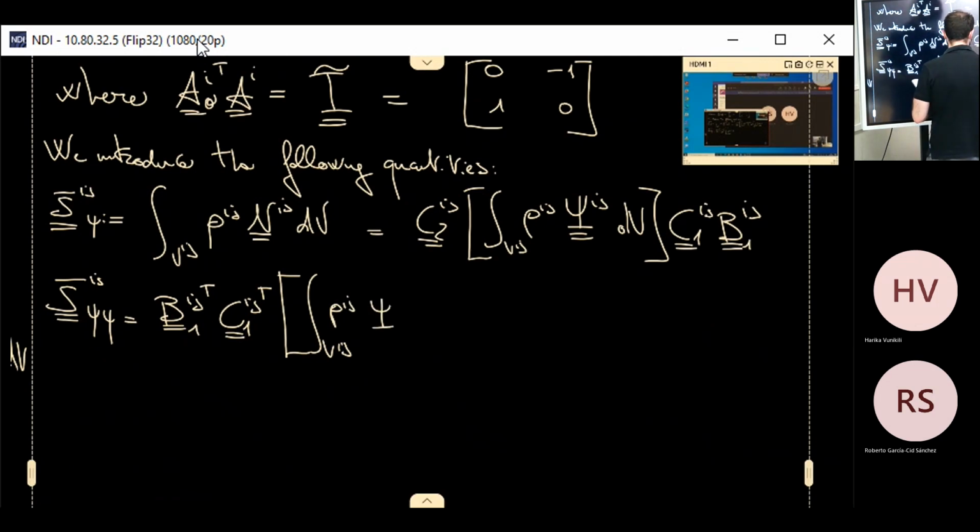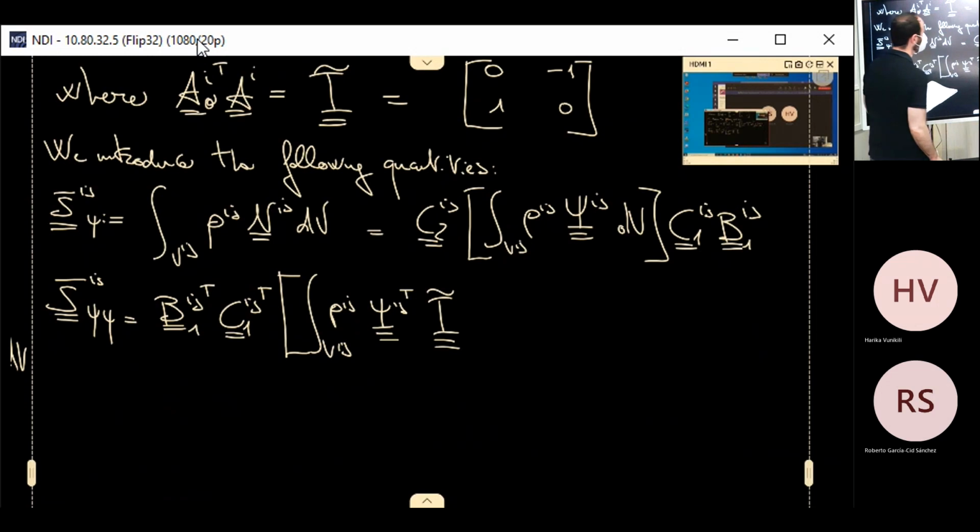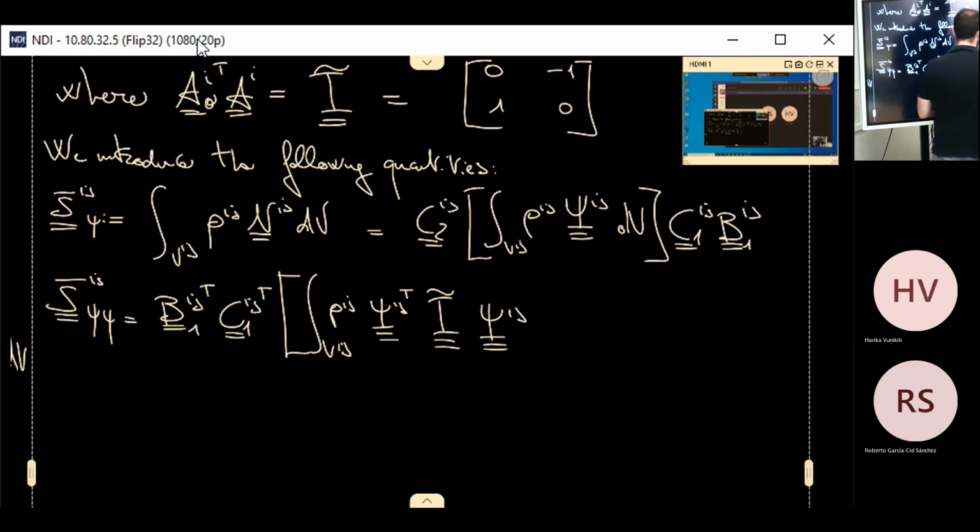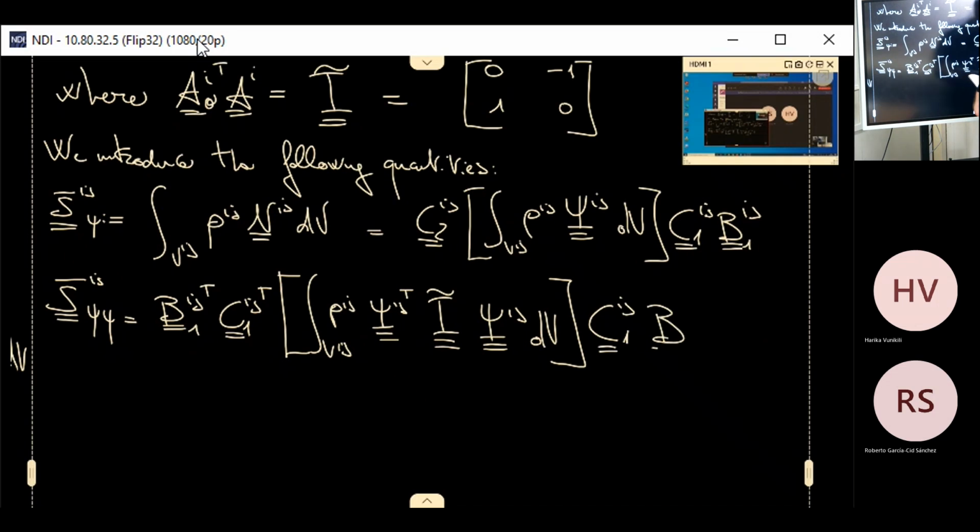And it's nothing other than C_ij transposed, applied over the above matrix I-tilde, so this one, and C_ij.